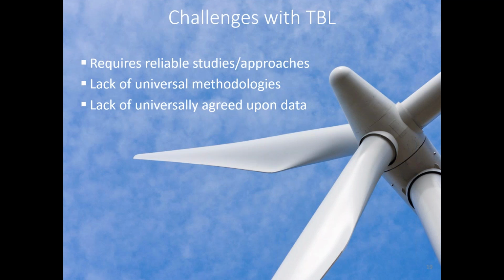There are different methodologies employed in assessing the same kind of impacts, and that can be a little bit challenging for economists to use and apply to projects. And we've got different perspectives on the kind of data that's relevant for different kinds of impact evaluations.